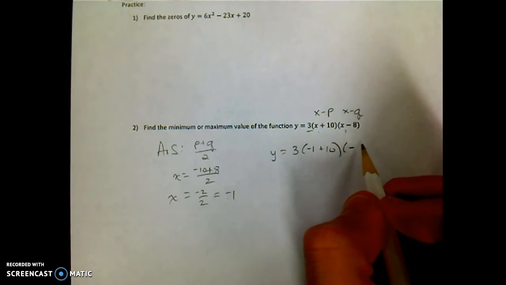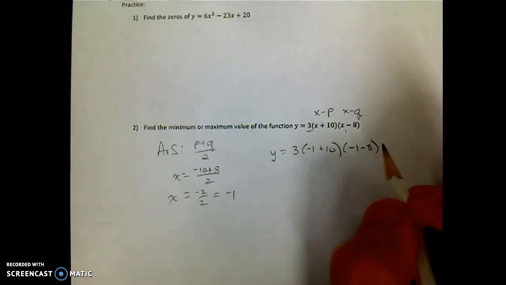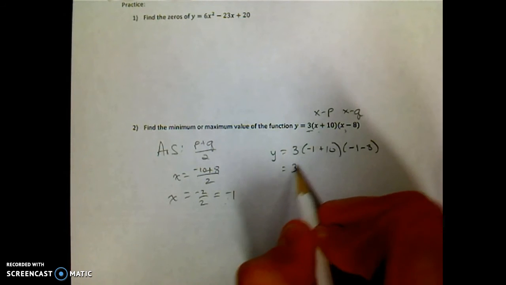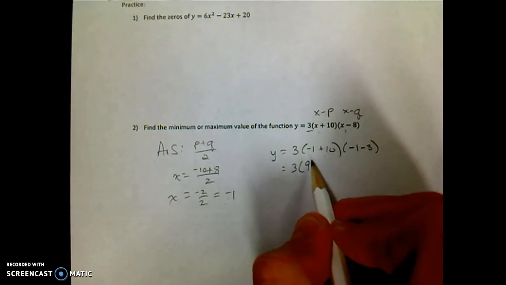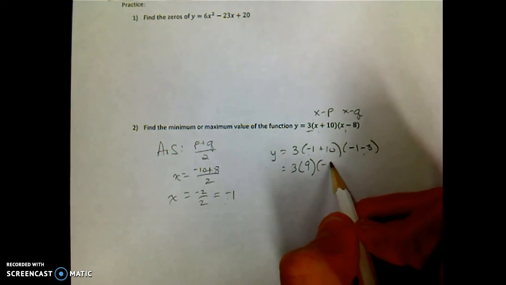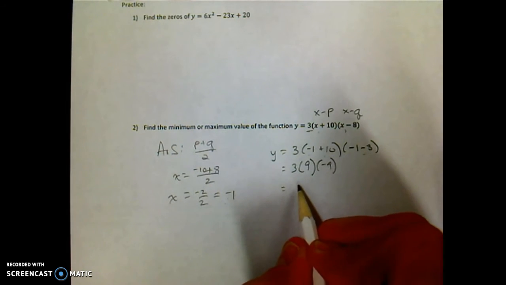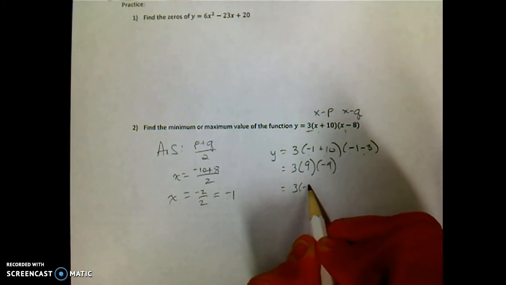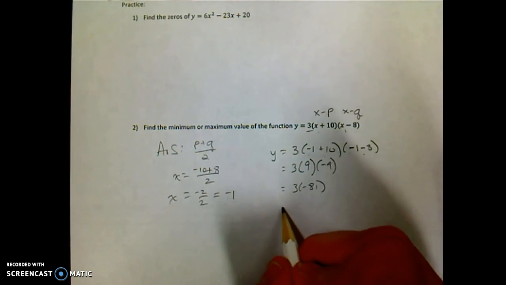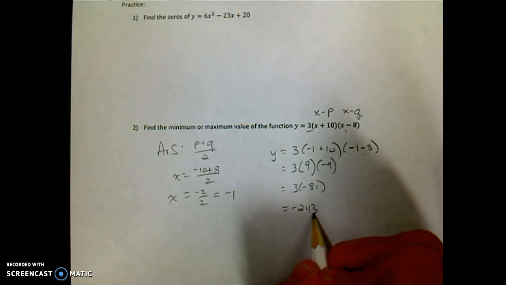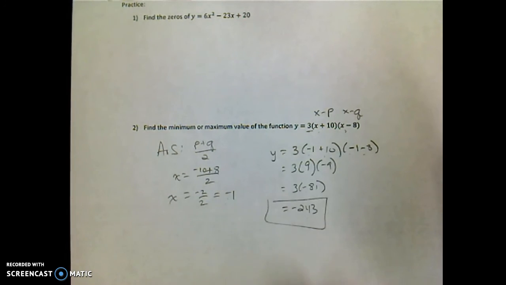So negative 1 plus 10, negative 1 minus 8. That's positive 9. That's negative 9. So I get 3 times negative 81, which is negative 243, will be my minimum value.